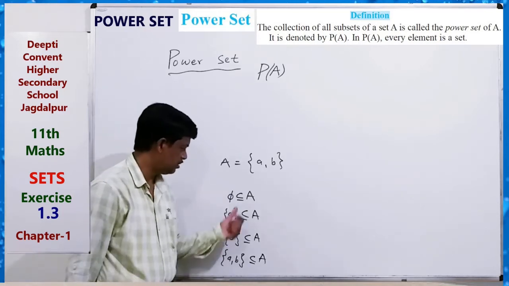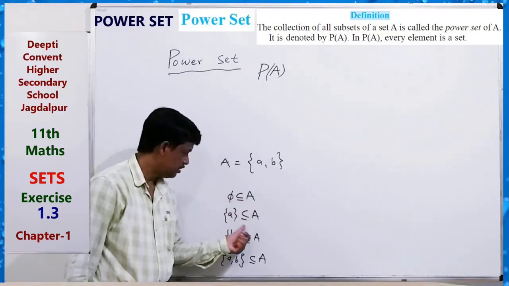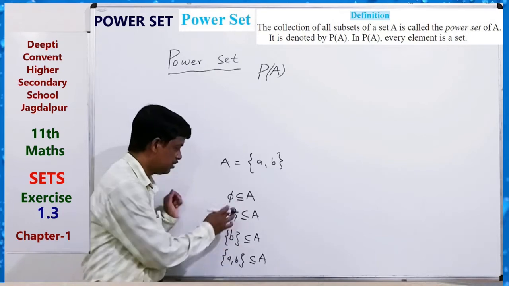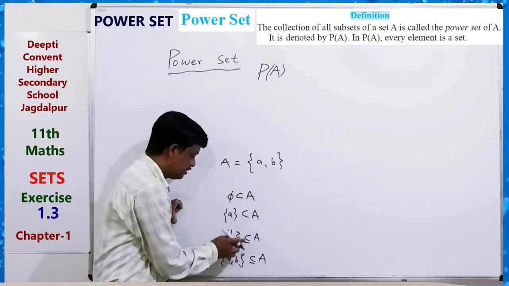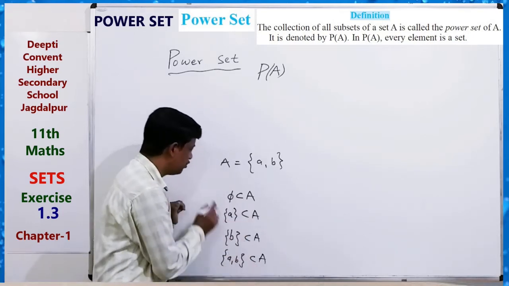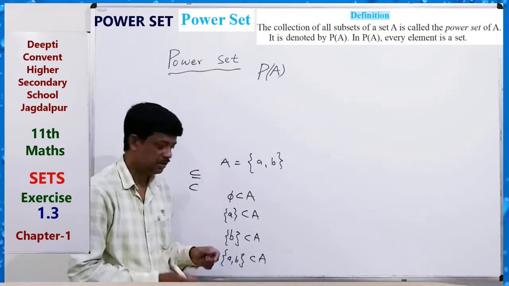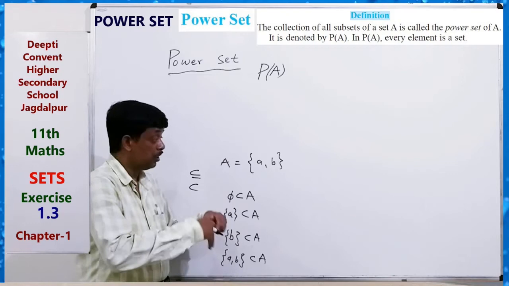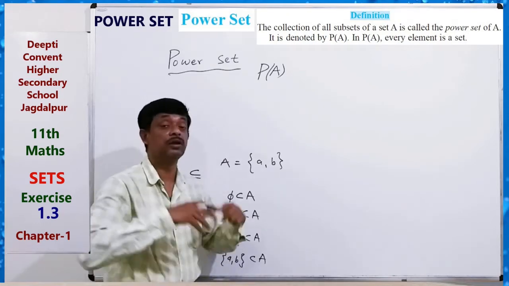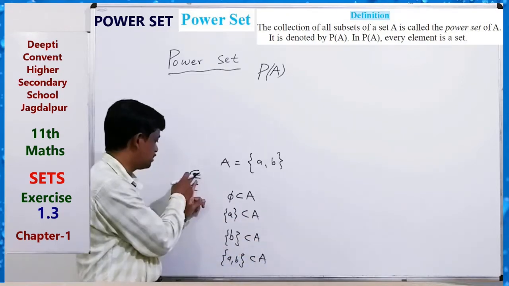Here we know that only this line will not be there. We can write like this. So don't confuse this symbol with subset. This is for subset. This is for proper subset. Whenever we use this notation for unknown sets, we use this for subset.